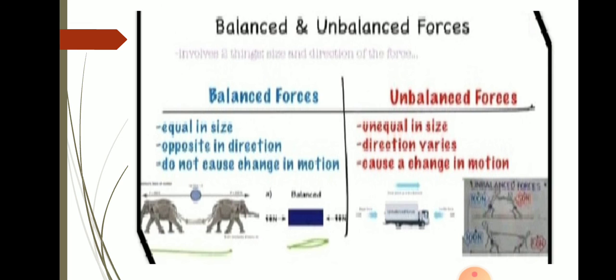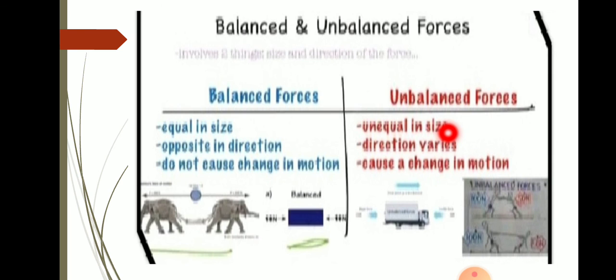So what is the difference between balanced and unbalanced force? Balanced forces are equal in size, unbalanced forces are unequal in size. In balanced force, the forces acting in opposite directions have equal magnitude. But unbalanced forces do not have equal magnitude. The forces are different.